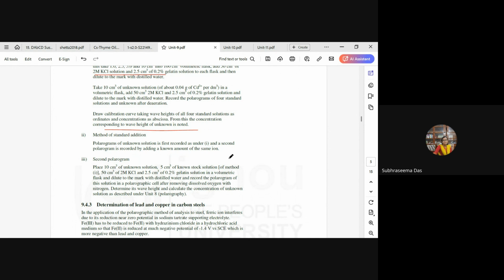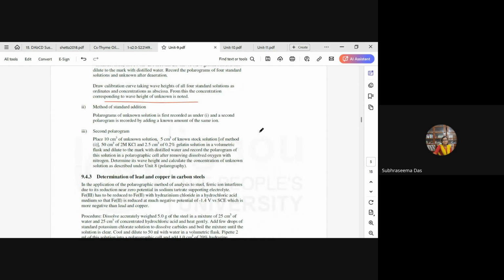Then coming to the standard addition method, the polarogram of the unknown solution is first recorded as previously, and the second polarogram is recorded after adding a known amount of the same ion. So here, we will take 10 ml of the unknown solution, 5 ml of the known stock solution, 50 ml of 2 molar KCl and 2.5 ml of 0.2% gelatin, and then we will record the polarogram.